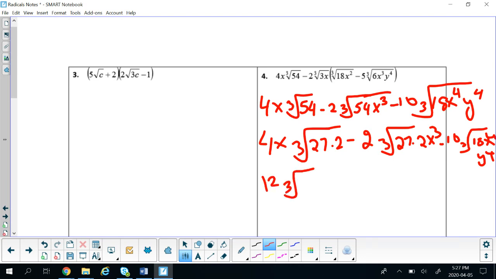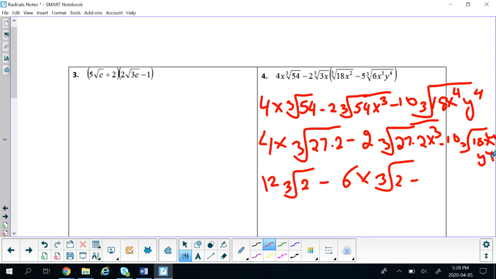And cube root of 2 minus, now here cube root of 27 is 3. So 3 times 2 is 6. And cube root of x cube is x. Okay, minus, okay, x to the power 4 can be written as x cube into x, and we know cube root of x cube is x.